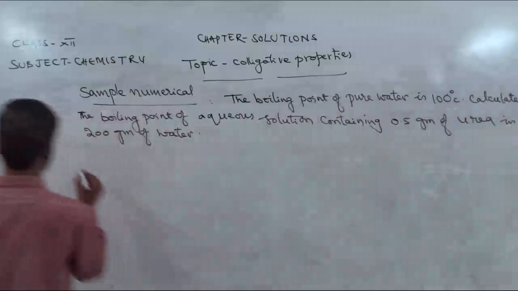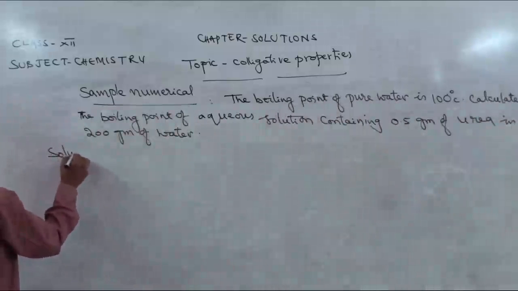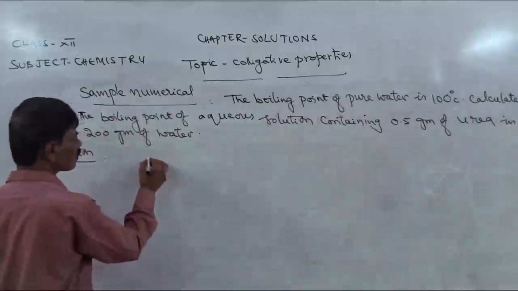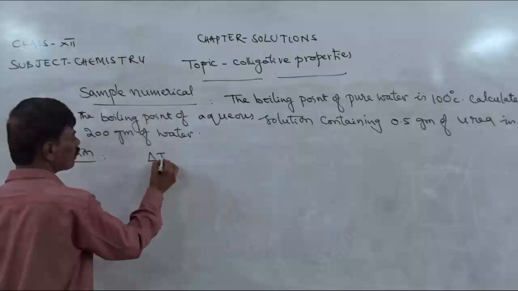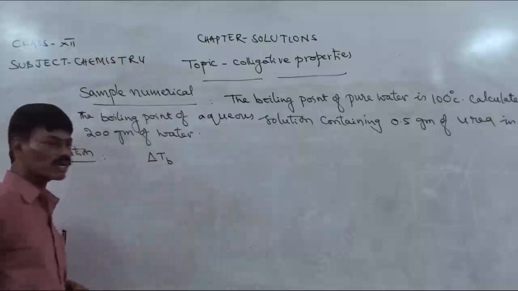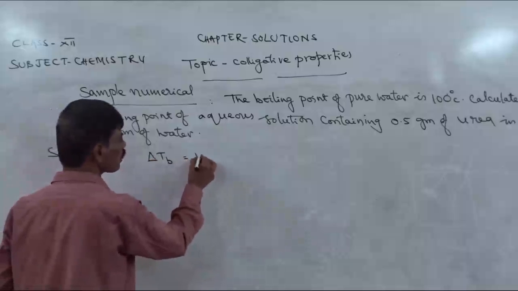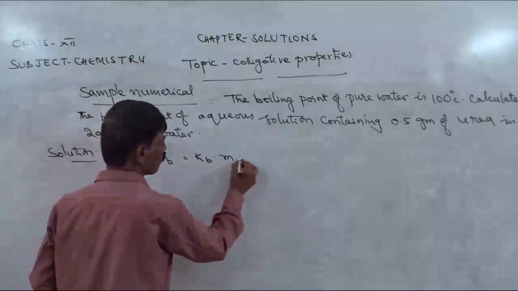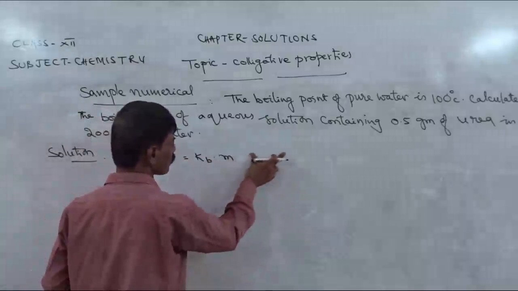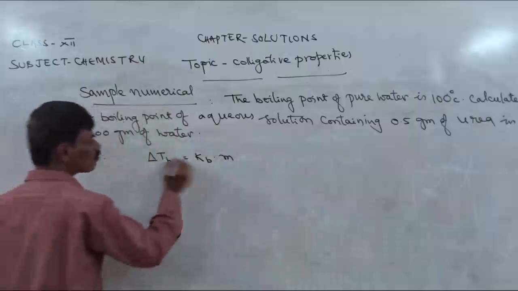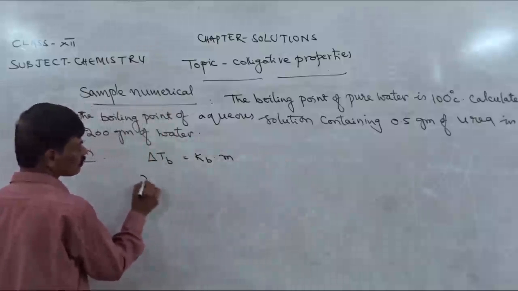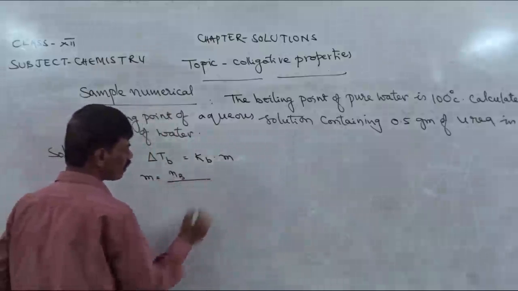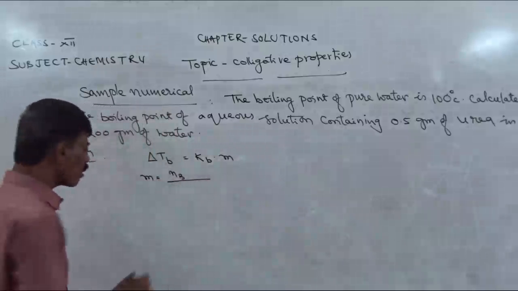Here, in the sample numerical, we are going to use the expression delta TB, that is elevation in boiling point, is equal to Kb into M. This formula is known to us. But molality is equal to number of moles of solute dissolved in 1 kg of the solvent.